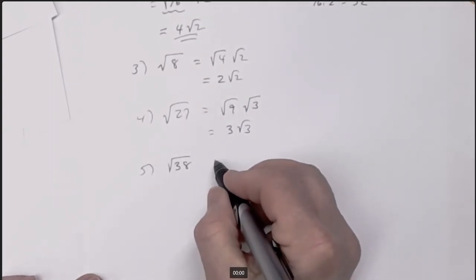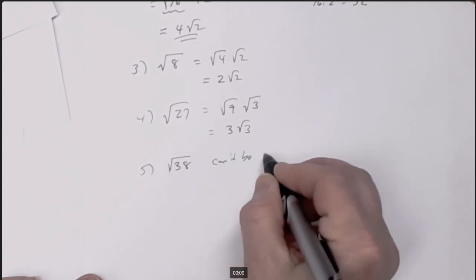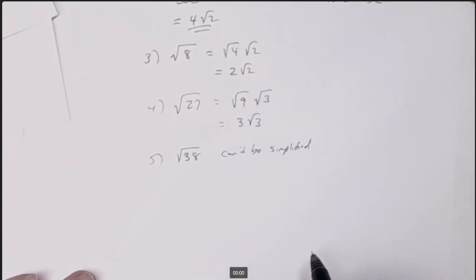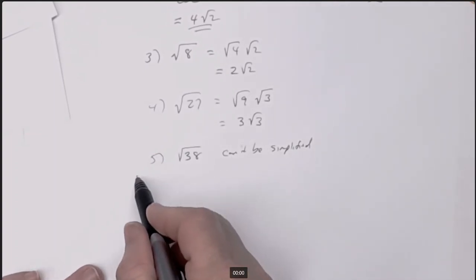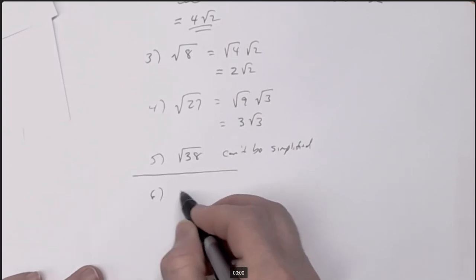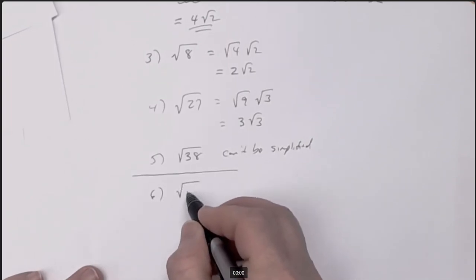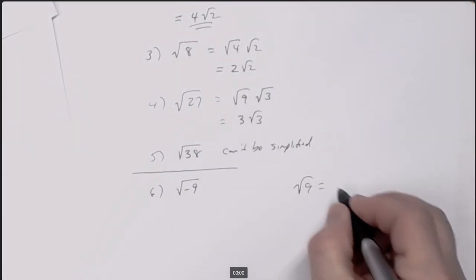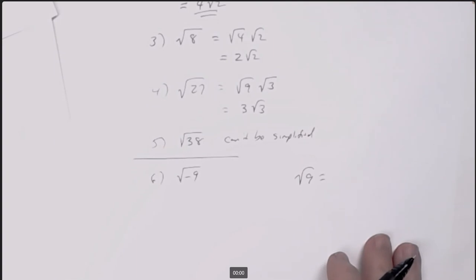All right, now you're going to have something like this. Watch this. The square root of negative 9. So we know that the square root of 9 is what number? 3. What do you think the square root of negative 9 is? Remember, the square root of 9 is 3.